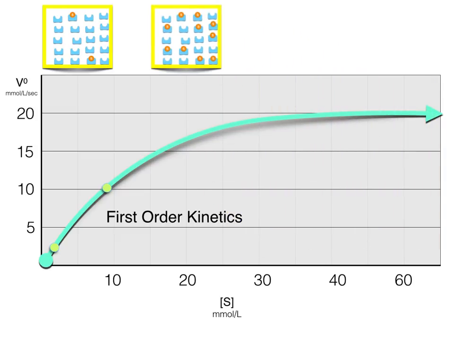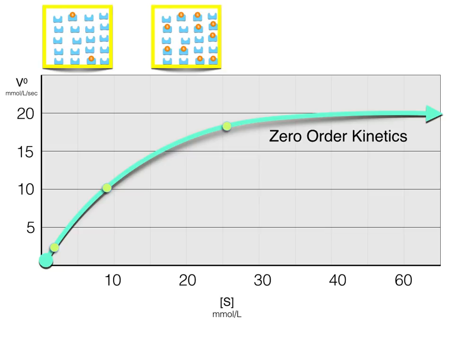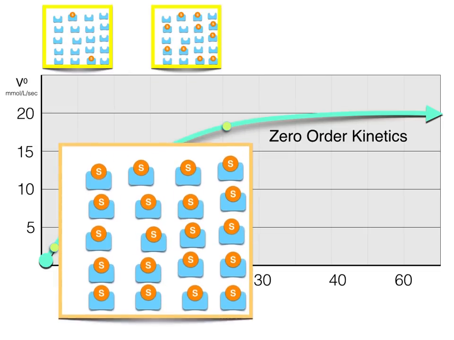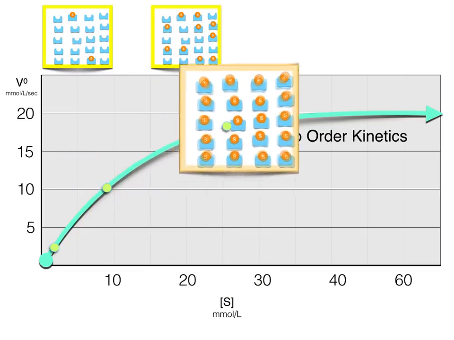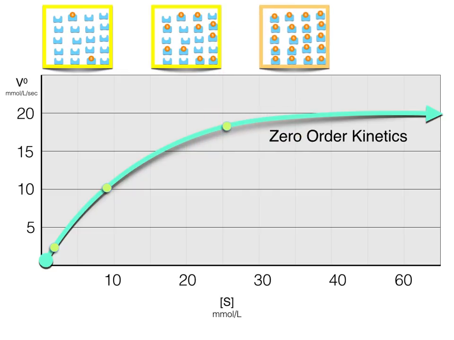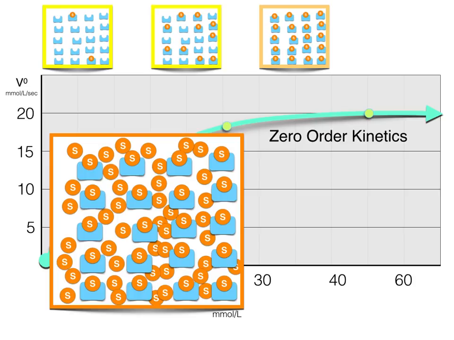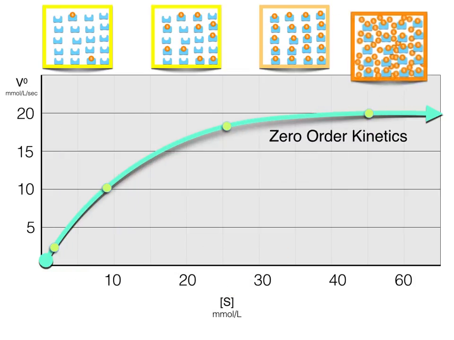Now if we keep on introducing more substrate, there will come a point wherein all enzyme binding sites will be occupied. So the enzyme is said to be saturated, and no matter how much substrate we add, the amount of products that will be formed remains constant. It now obeys zero order kinetics.